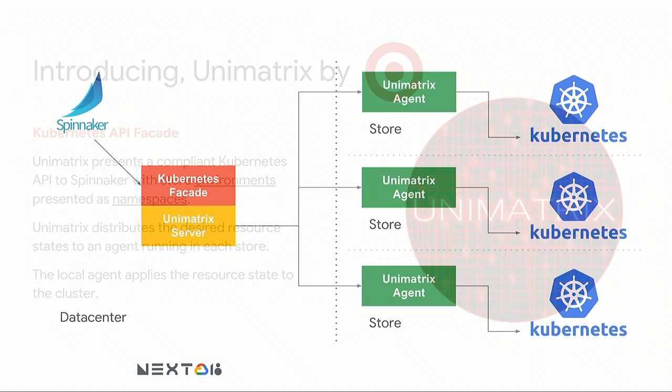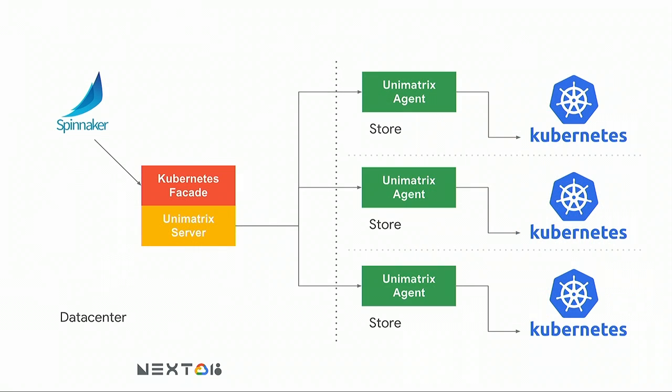So we point our Spinnaker instance at the Unimatrix server running in our data center, and it distributes desired state out to each of the stores in that namespace. And the Unimatrix agent there then applies that state to the local Kubernetes cluster and is responsible for recovering status and sending it back to us. So from Spinnaker's point of view, we have one Kubernetes cluster running for all 1,800 stores.